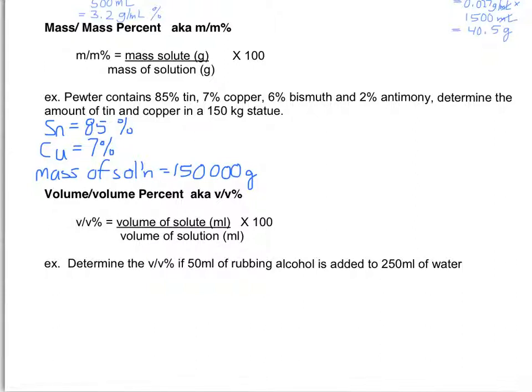Okay, so basically we have to figure out what the mass is for tin. It's going to be 85% of the 150,000 gram statue, and then copper is going to be 7% of that. We're going to show all of those steps so it's really clear.